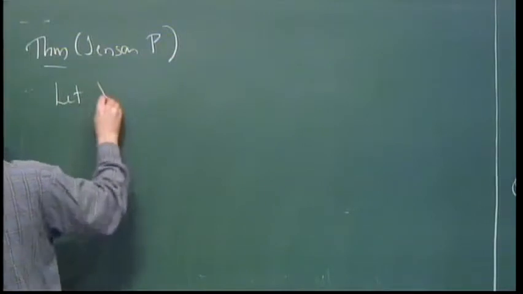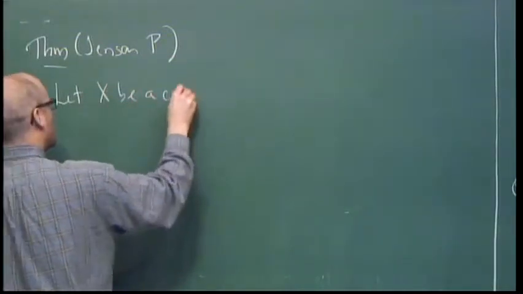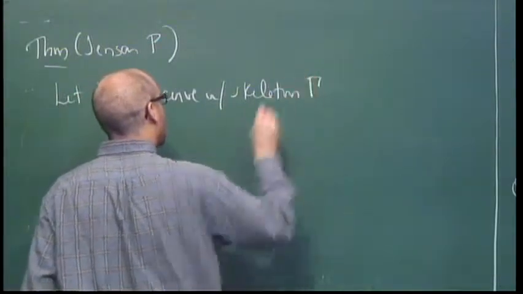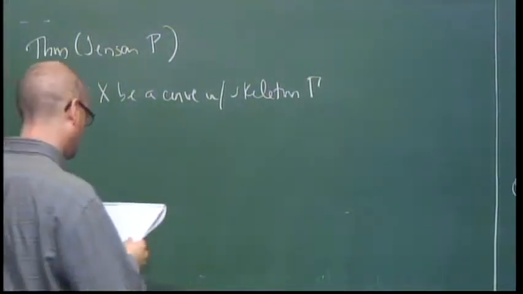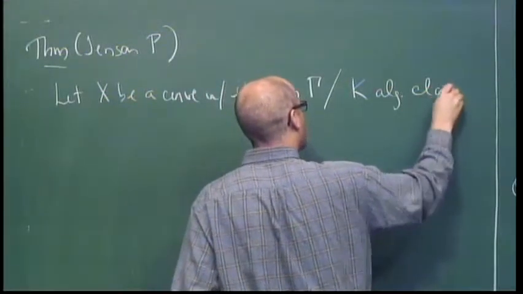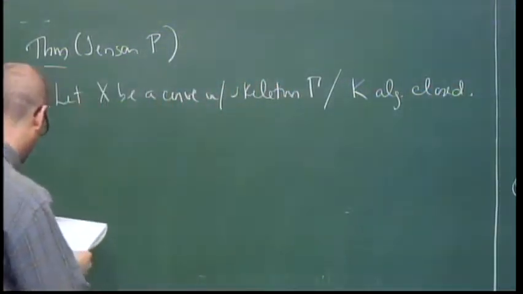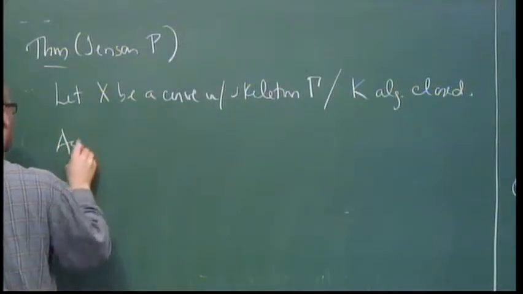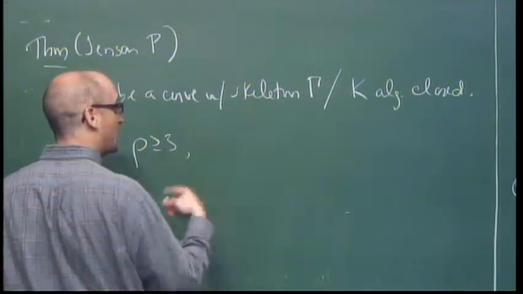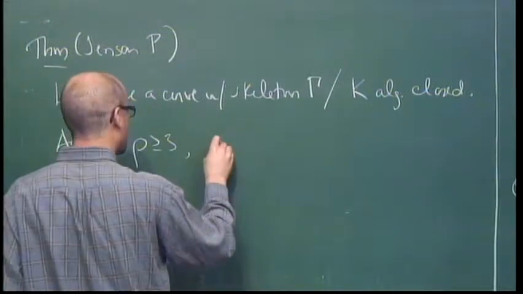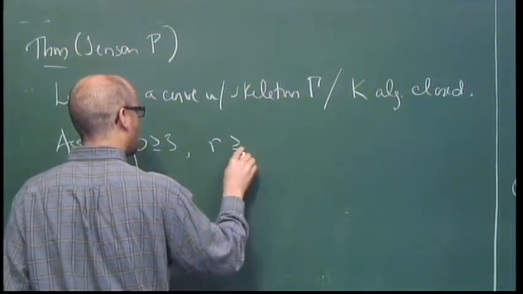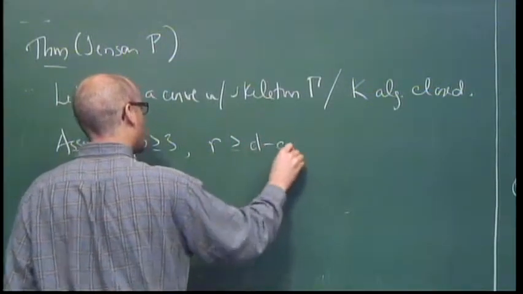Okay, so let x be a curve with skeleton gamma over K algebraically closed. We'll assume that rho is at least 3, and we'll assume that we are in the special case, so meaning that the rank is greater than d minus g.